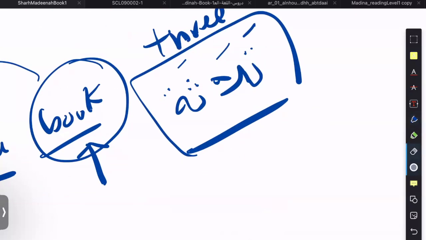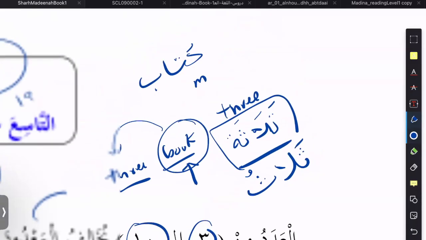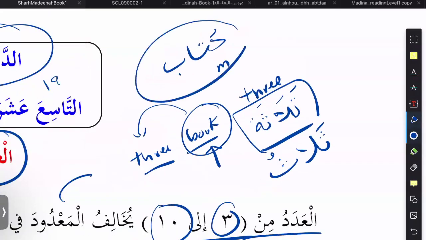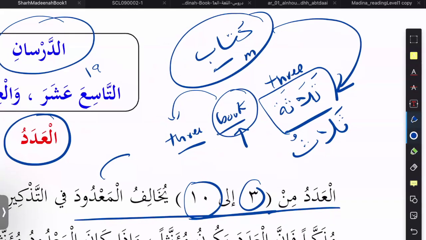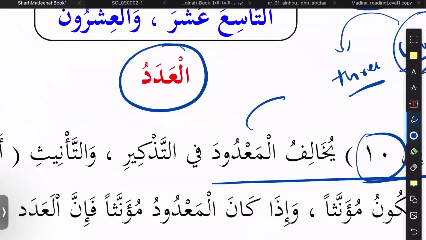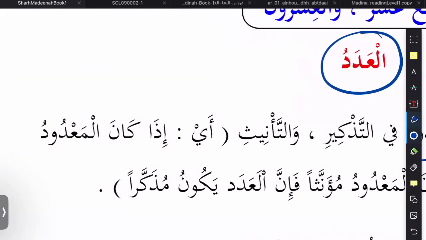You say thalathun. You see, the number also has gender: thalathatun and thalathun. So by this definition, if we want to say 3 books, we have to use this version with the ta marbuta. Why? Because our ma'dud, the thing that we're trying to number, is masculine, so we have to use the opposite gender. Make sense?